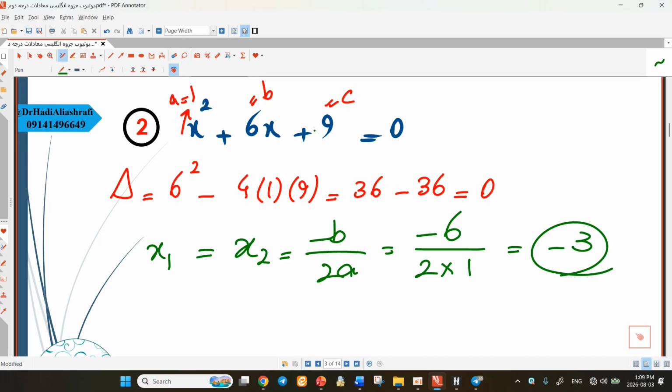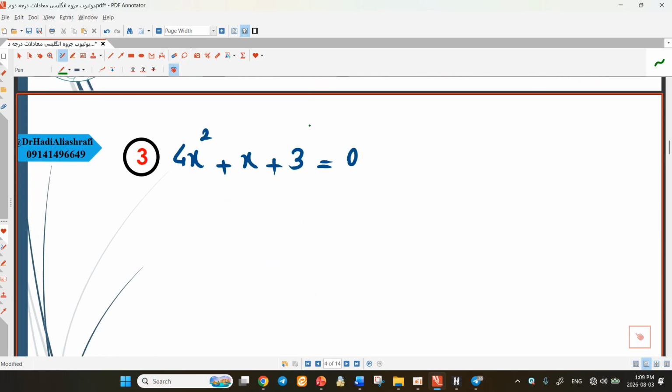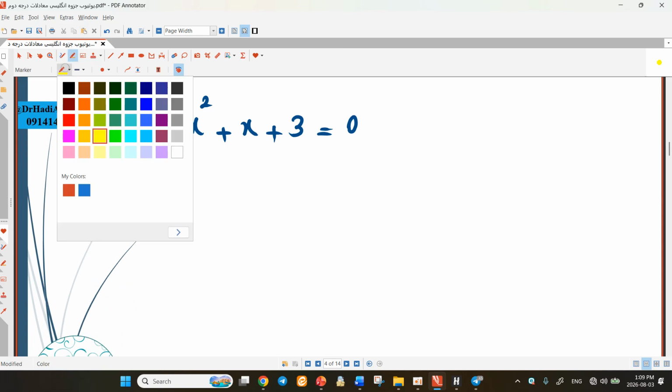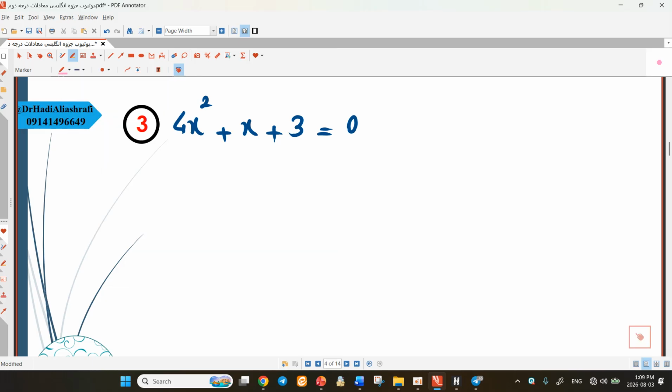And now we want to solve the last and third example. In the first step, we should distinguish A, B, and C. Okay? A is equal to 4, as you see.